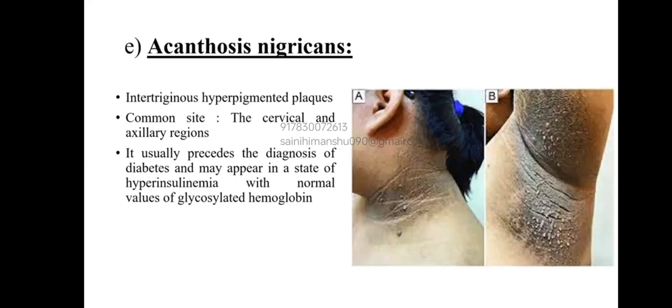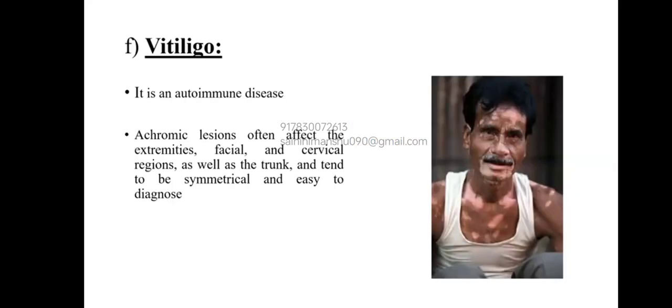Let us concentrate on the pictures. A case of vitiligo, which we didn't discuss yesterday. We had kept it for today's discussion. An autoimmune disease, and it is very easy to diagnose due to its pattern. Yesterday we had a doubt in a small baby who had hypopigmented macular lesions sparsely distributed on the chin.